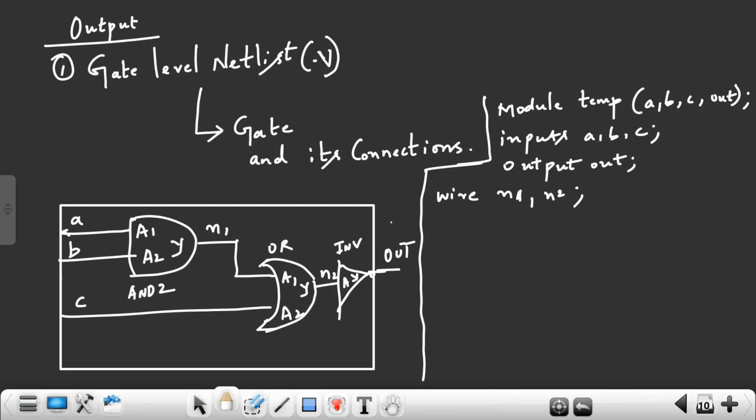So how do you write the gate level netlist? First you will have the library cell name, AND2. After that you will have one instance name, U1. This instance name is given by the synthesis tool itself.